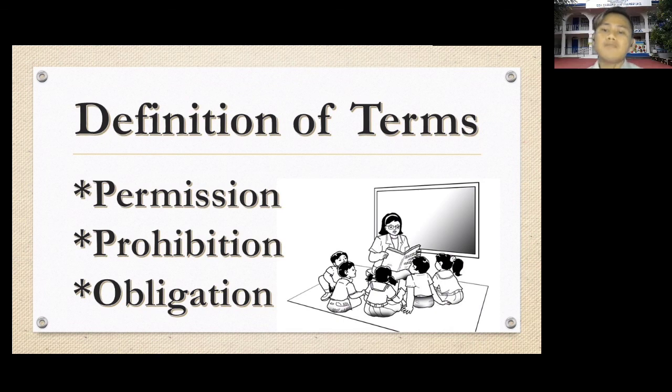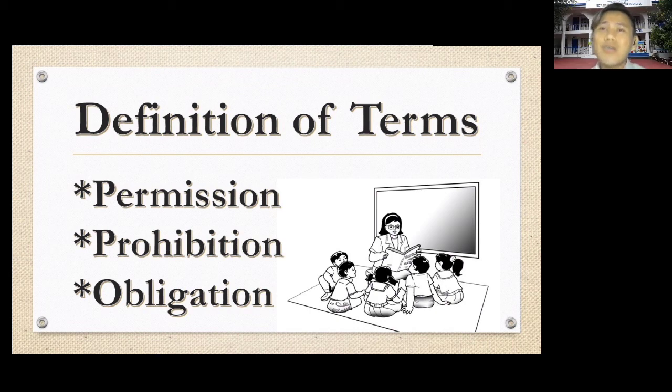All right, so the words that we're going to define are as follows. We have permission, prohibition, and obligation. I know that you have something in mind, and if you have your own definition of what these words are for you, let me know in the comment section for you to be recognized.